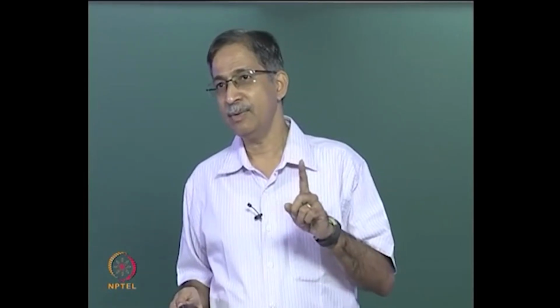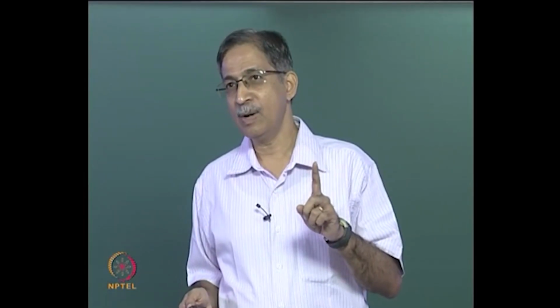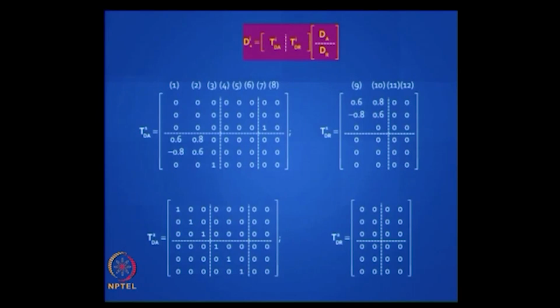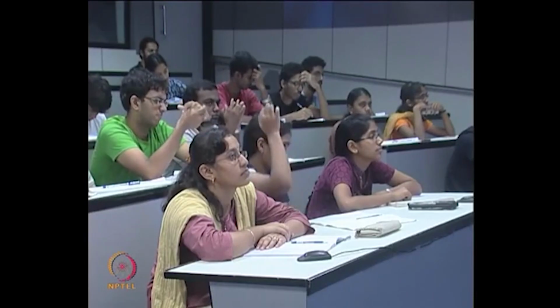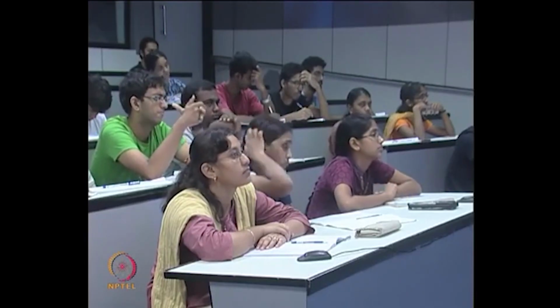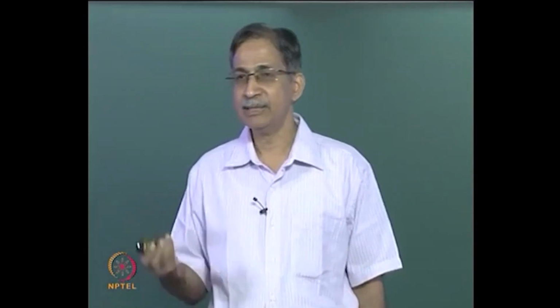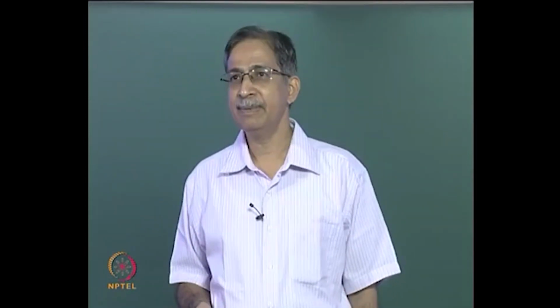I have written on the top row 1, 2, 3, 4 all the way to 12, but you needn't do that in this case, it is obvious, it has to be sequential from 1 to 12. Is it clear? We have done it for a truss, we have done it for a beam, it is no big deal to extend that to a plane frame. Okay. So similarly for the third element you can fill up.